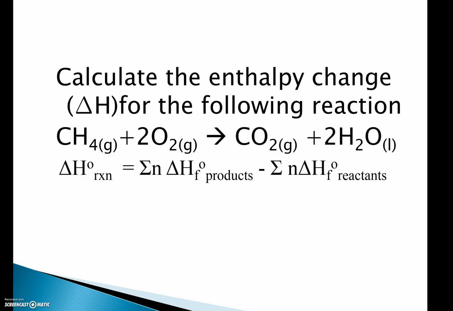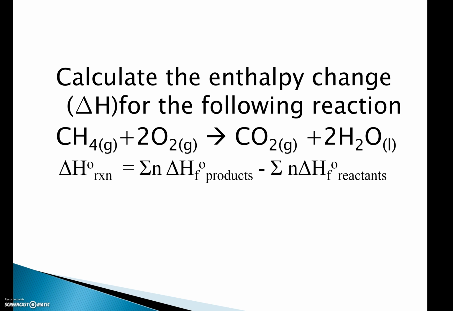We look at the balanced equation. That tells us how many moles of each substance we need in that balanced equation. We're going to look up the enthalpy of formations for the substances in the reaction, multiply those values by the coefficient in the balanced equation, and then take the sum of the products minus the sum of the reactants, and that'll tell us what the delta H of the reaction is.